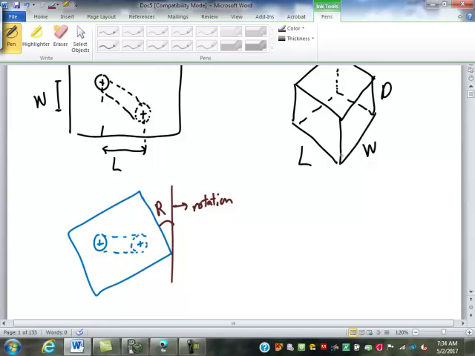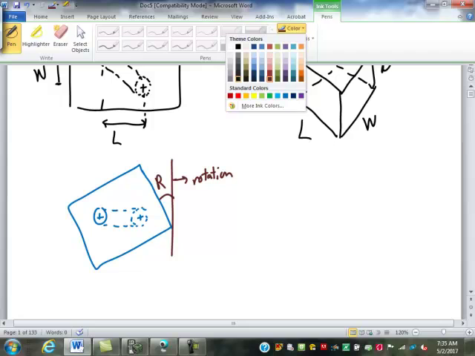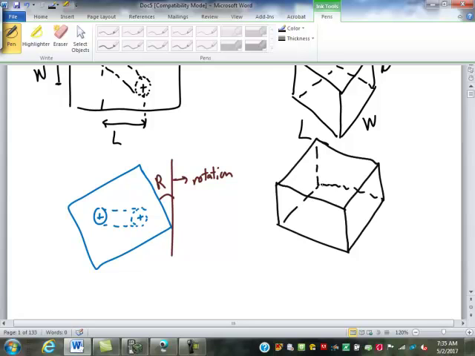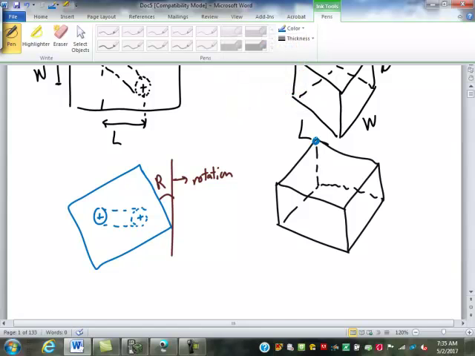Well, that angle, if I were to look at it over here in this box, and I drew that box really poorly, I'm going to draw that again. There we go. This should work better. So we're looking at drilling from this corner here down to that corner here.